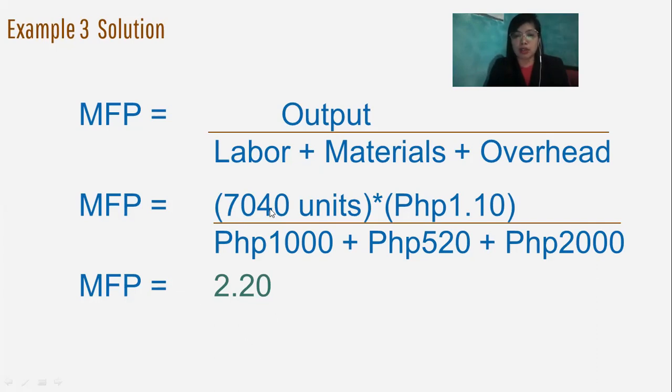So we have 7,040 multiplied by 1.10 over 1,000 plus 520 plus 2,000, and we get 2.20 multi-factor productivity.